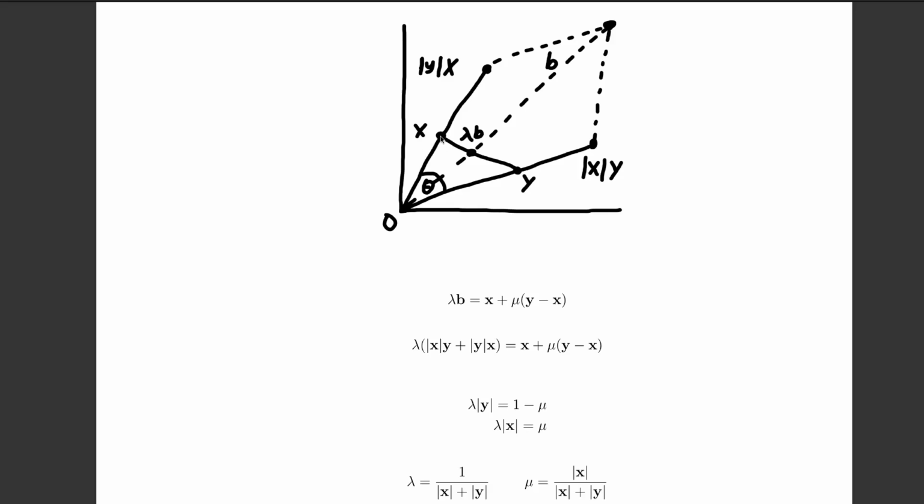If we had to go mu amounts to get to B, that means that to get from B to Y, that has to be 1 minus mu, right? Which is just going to be y over x plus y. So basically B divides xy in the ratio x to y. So the ratio is x to y. The magnitude of x and y specifically.